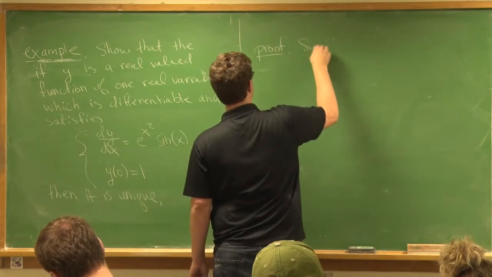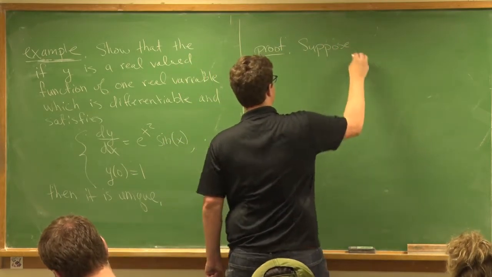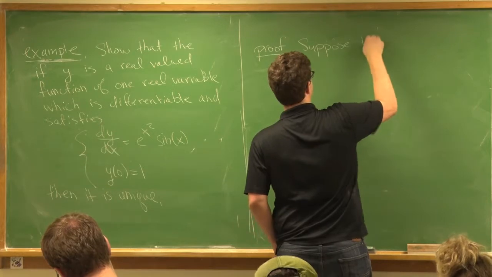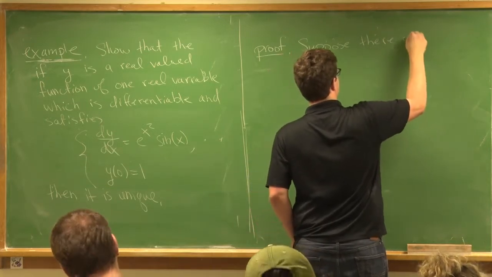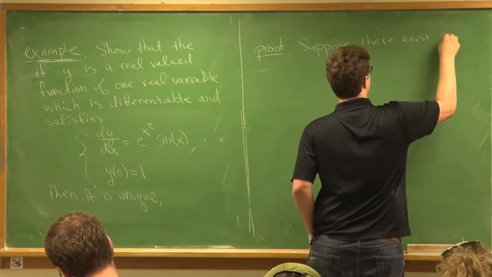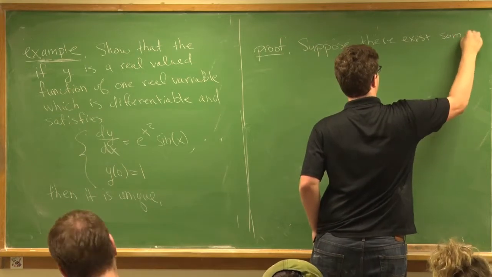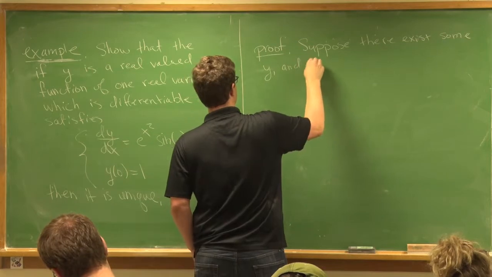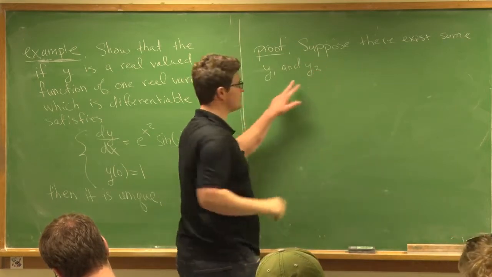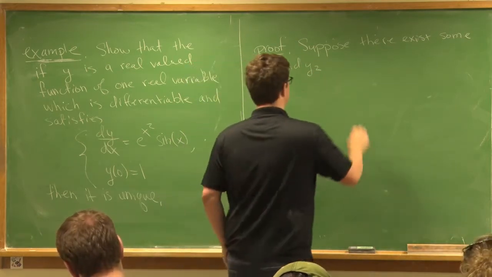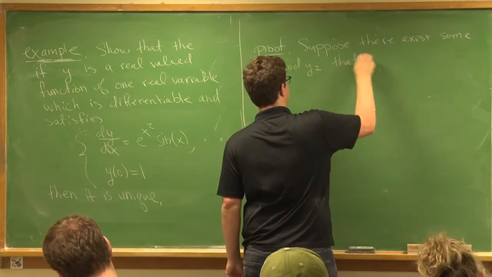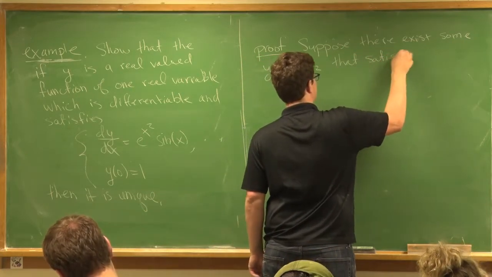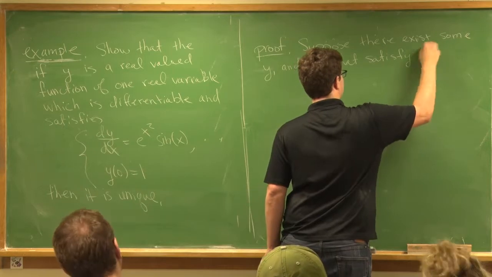Okay, so we suppose there exist some y1 and y2. These are two functions of a single variable that satisfy star.